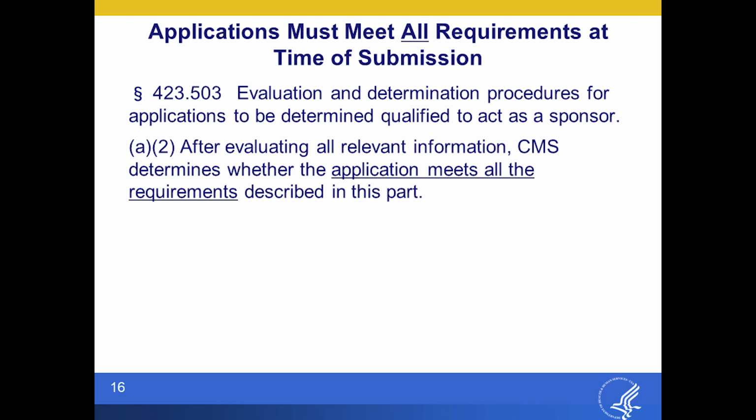Finally, note that applications must meet all our requirements at time of submission. We conduct a courtesy review first, which we complete in mid to late March. If there are deficiencies, you will receive a deficiency notice and have a few days to submit curing materials. Then we conduct a second round of reviews, after which we send conditional approvals and notices of intent to deny.